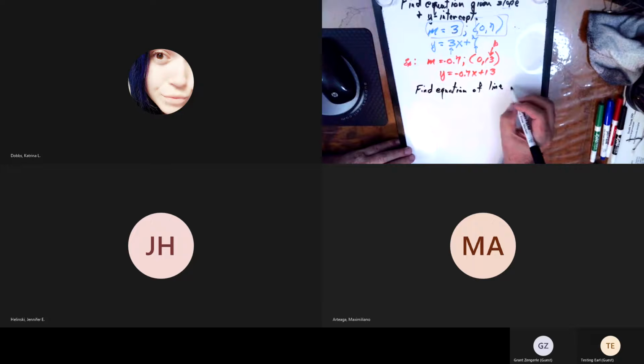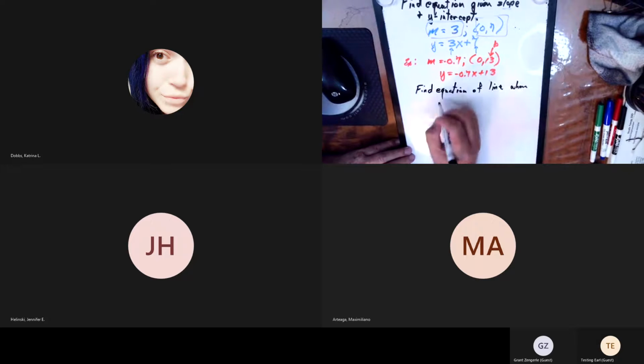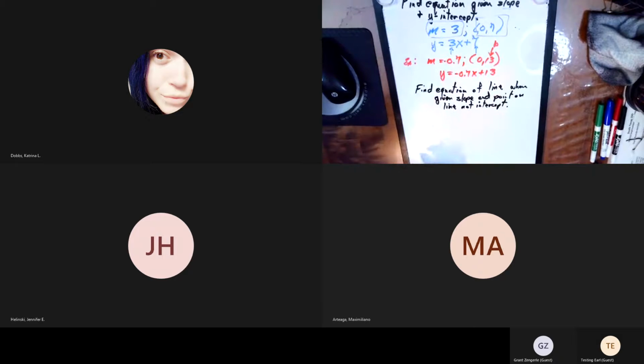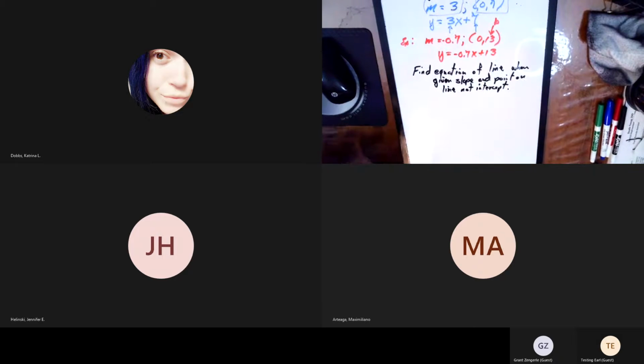Find the equation of a line when given slope and a point on the line, not intercept. Now there's 2 ways we can do this. I'm going to do them both. I'm going to go through them fairly quickly, and so if I'm going too fast, yell at me, and if I'm boring you, then look away.